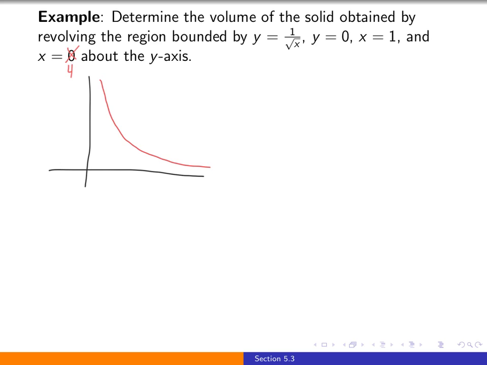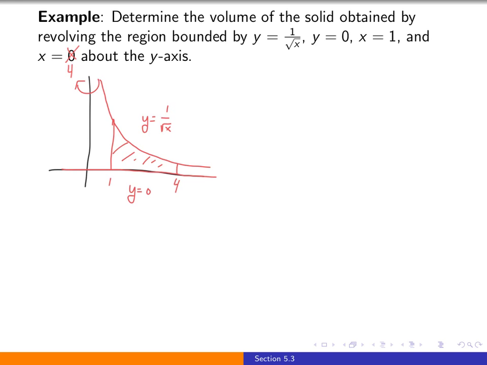So it looks something like this. Y equals 0, which corresponds to the x-axis. Then x equals 1 to x equals 4.